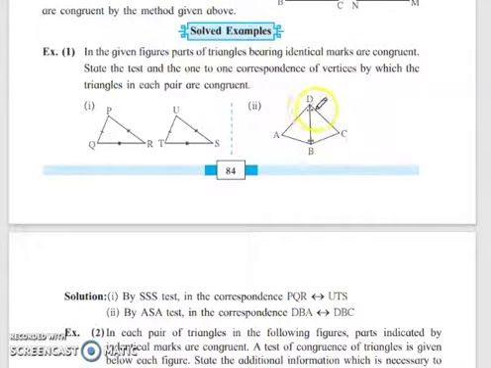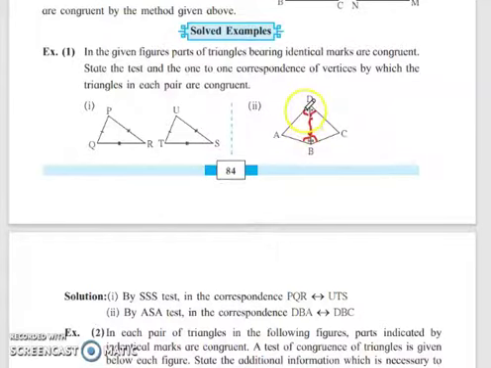So this angle is congruent to this angle, and obviously this side DB is congruent to this side DB because it is a common side, and a common side is represented by this mark, like an S mark. So DB is congruent to DB, and it is included between angle ADB and angle DBA, and angle CDB and angle CBD.